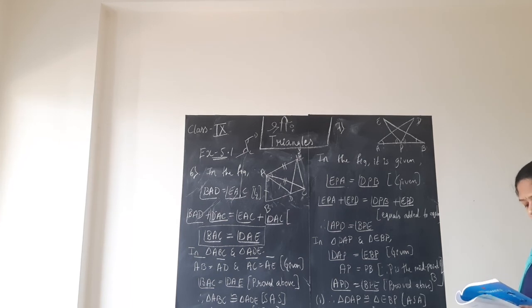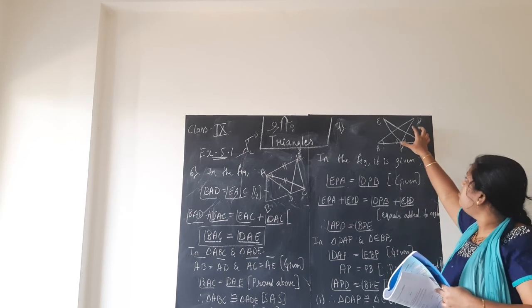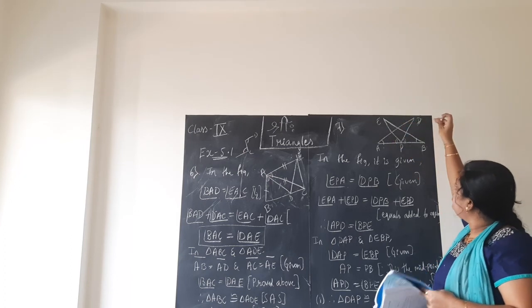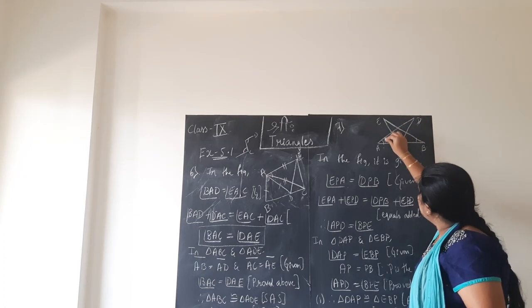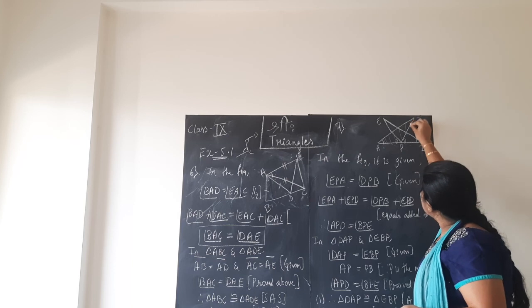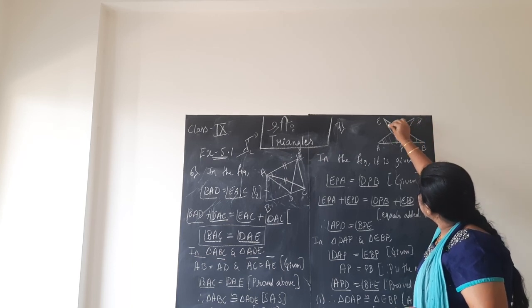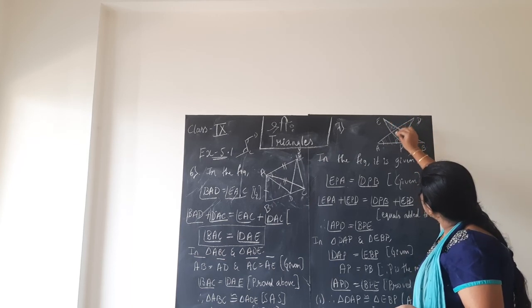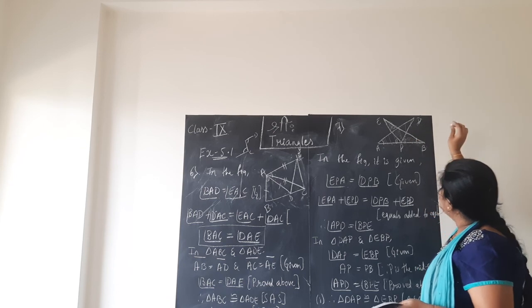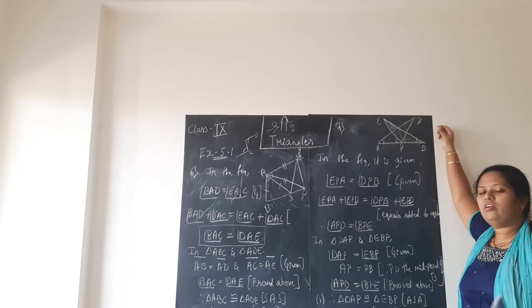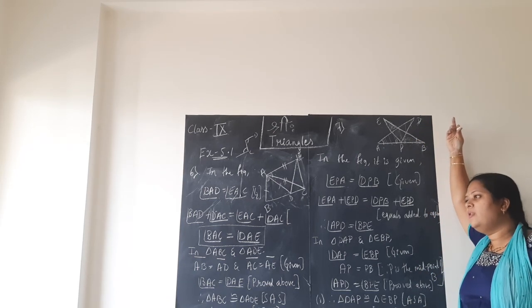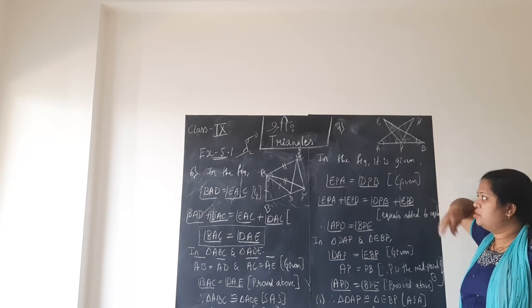We need to show in the first part that this triangle DAP and triangle EPB, these two triangles, are congruent. See, I will shade it for you. This is one triangle. I cannot use color chalk, children, because in the video it doesn't show any color difference.